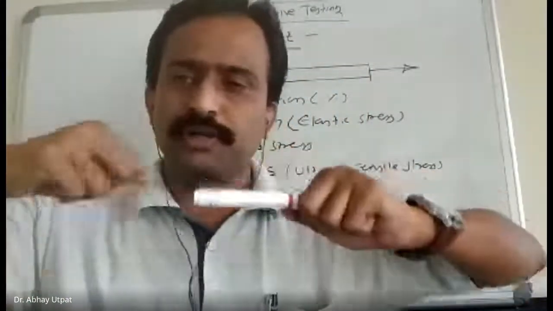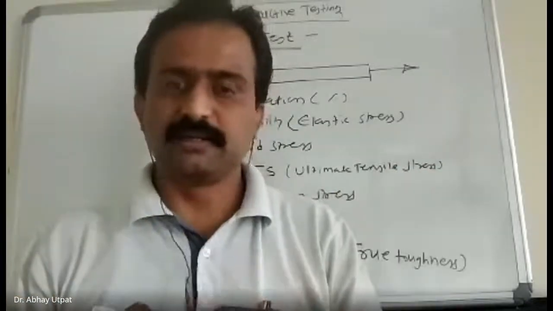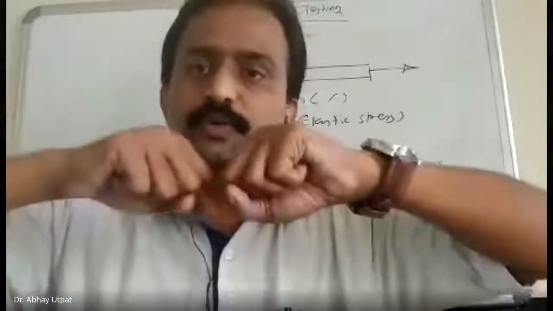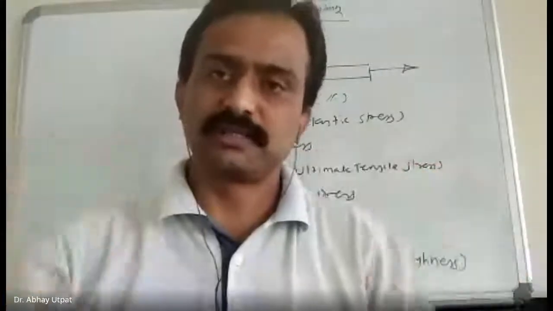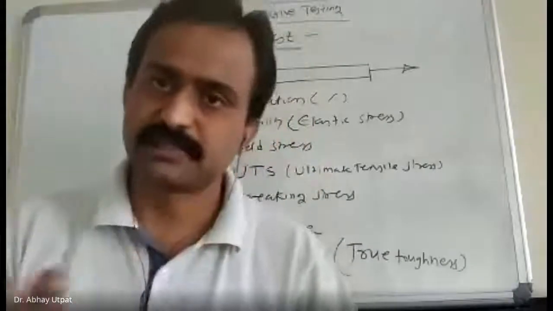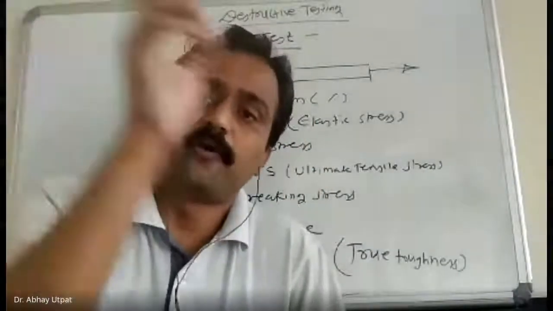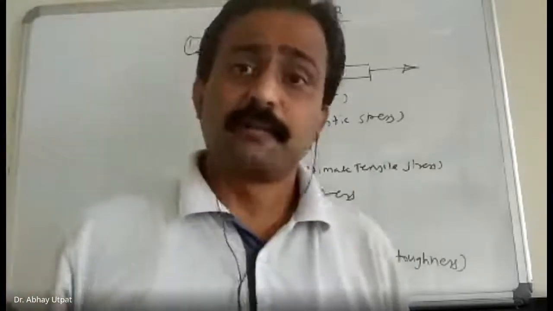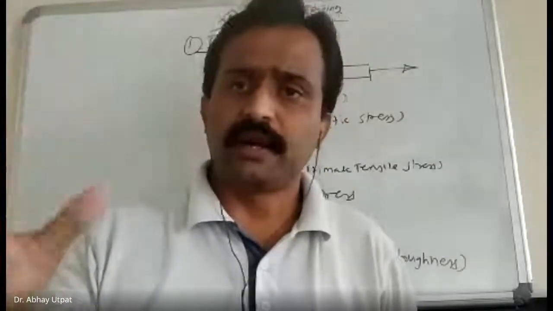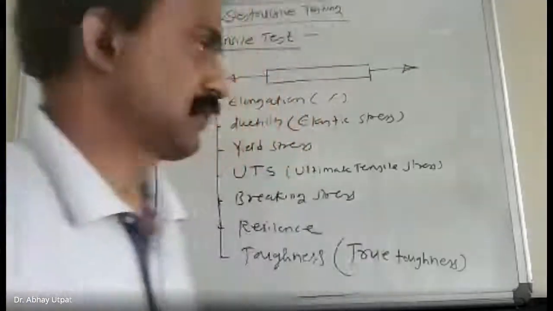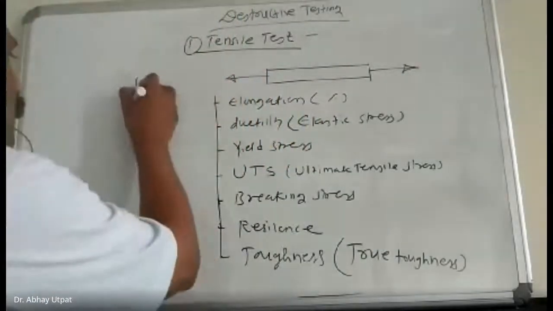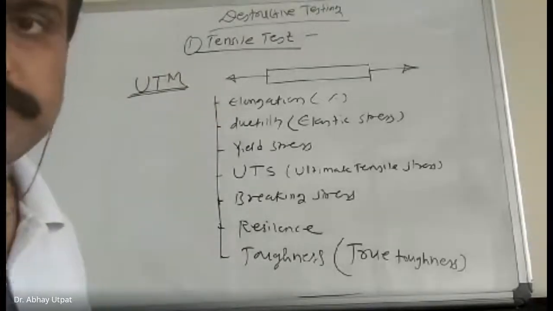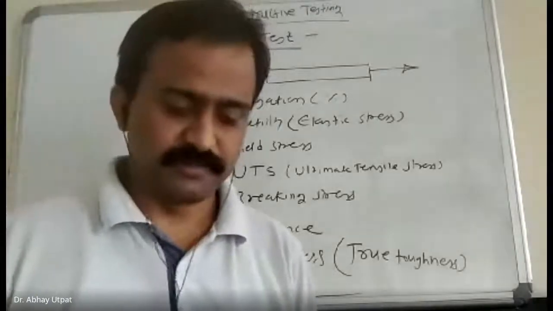Once you pull it, some strain gauges are mounted. As you pull, elongation takes place. These elongations are measured by strain gauges. So for how much load, how much elongation, you can calculate stress and strain. But with due course of time, there are advanced UTMs, universal testing machines.